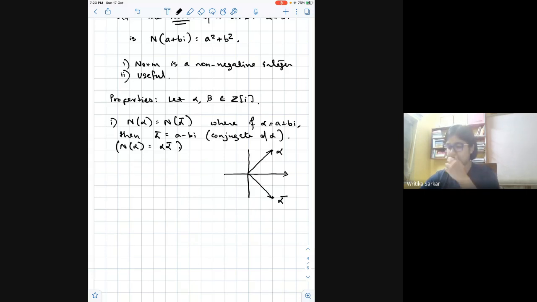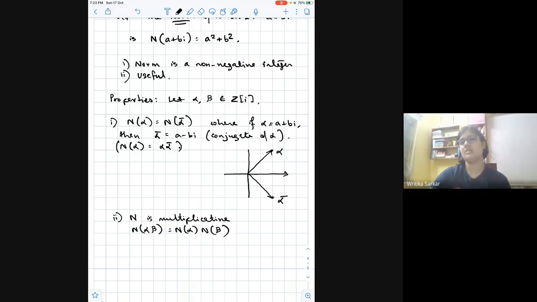The second property is that the norm function is multiplicative. I'm not going to show this, but it's trivial to check by hand. You have the norm of alpha times beta is equal to the norm of alpha times the norm of beta.